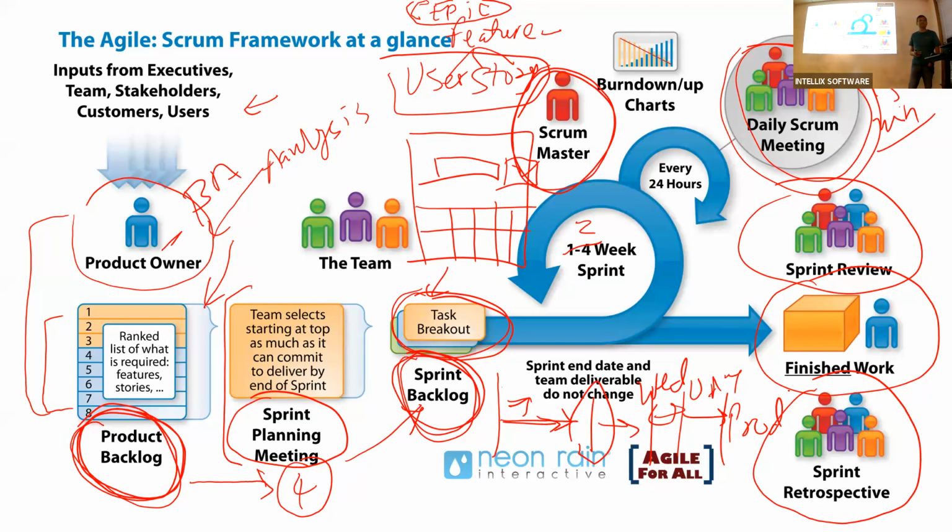Okay, so key terminology: product backlog, sprint backlog, right? Then we have the daily scrum meeting, a 15-minute meeting to report the progress and all those things. Each story, user stories, epics, features, those are nothing but the documentation of the requirements.